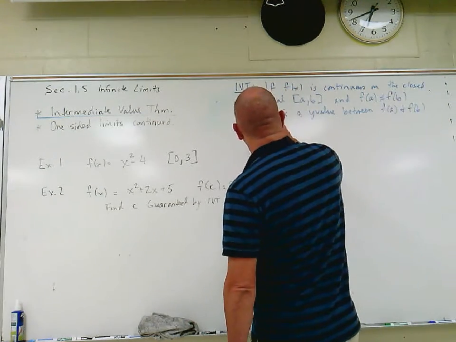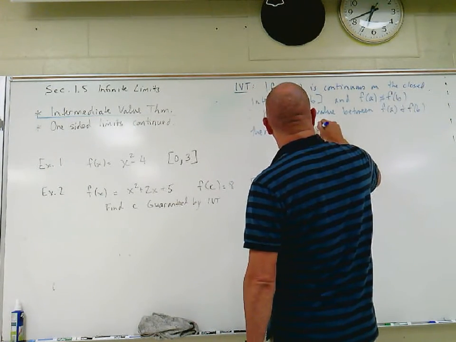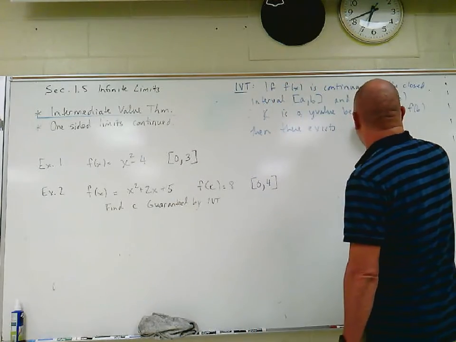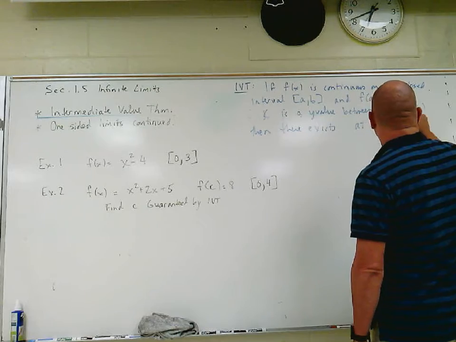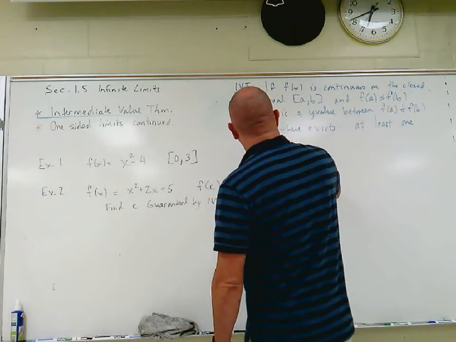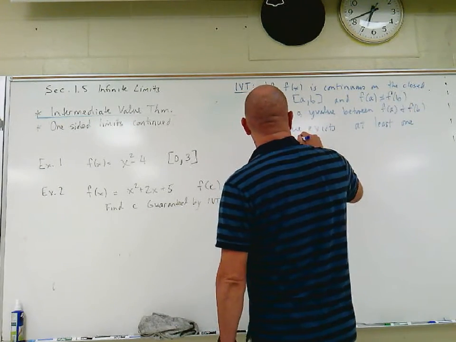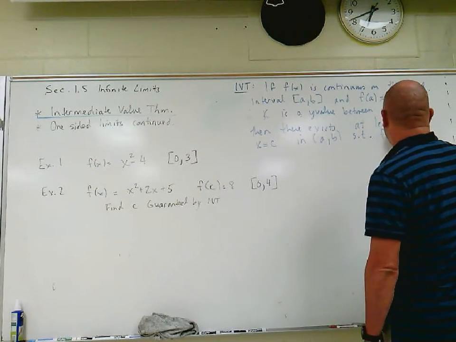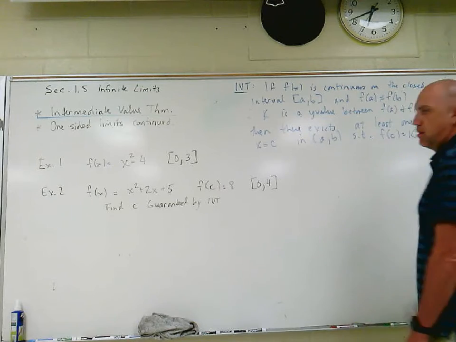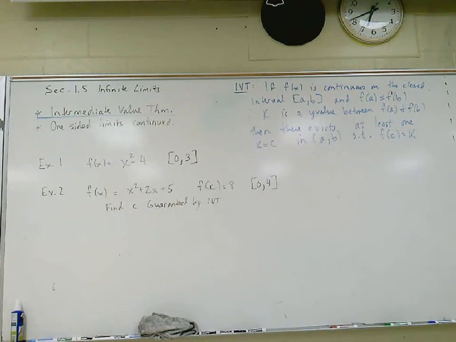Then there exists at least one x equals c in (a, b) such that f of c equals K. That's the Intermediate Value Theorem. We'll translate it here and make some sense of it.